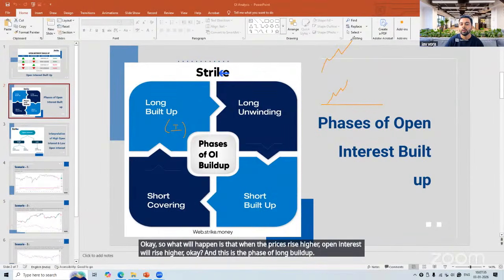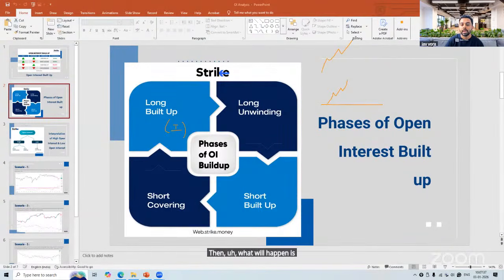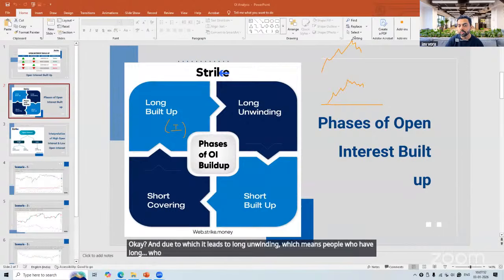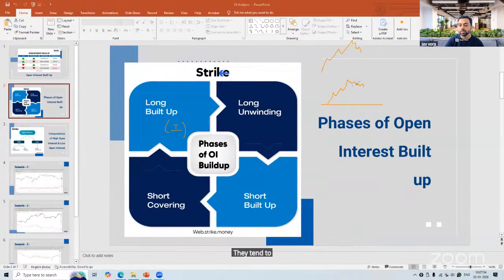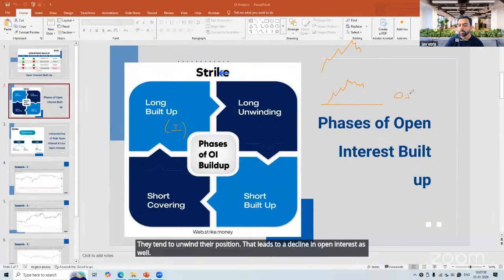Then as the prices decline, all the weak hands try to cut their position, which leads to long unwinding, which means people who have gone long over here tend to unwind their position. That leads to a decline in open interest as well. This is OI, this is price.